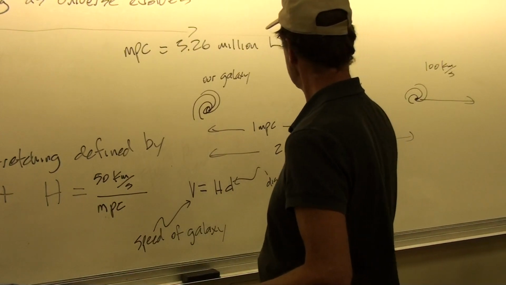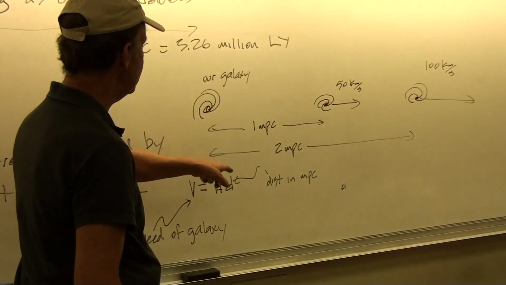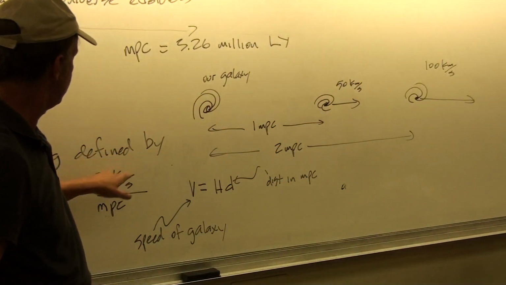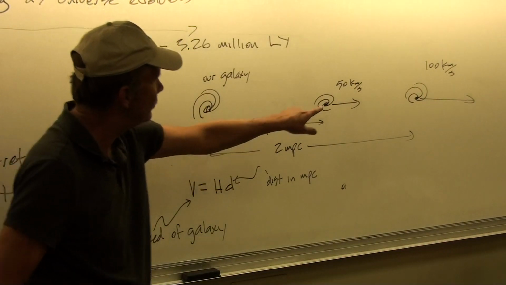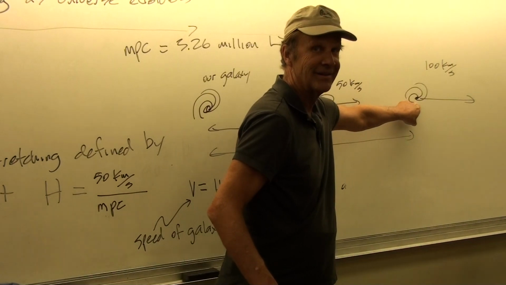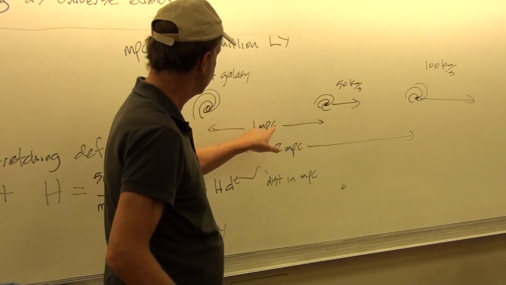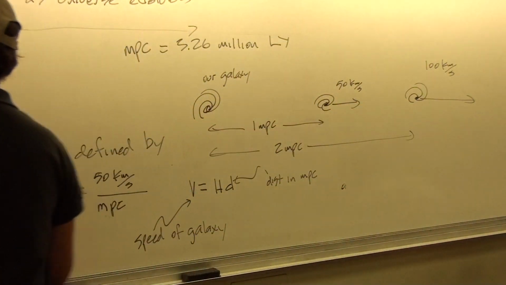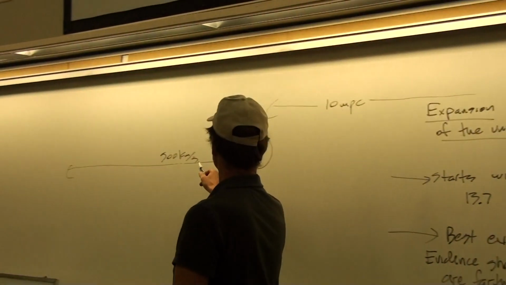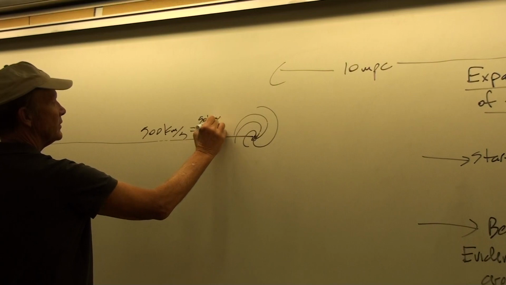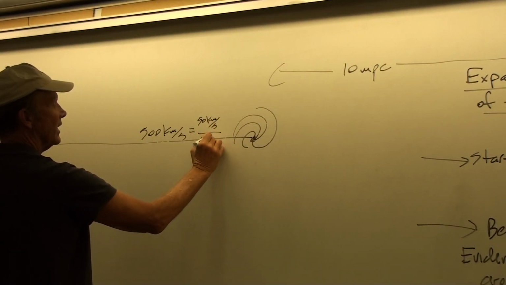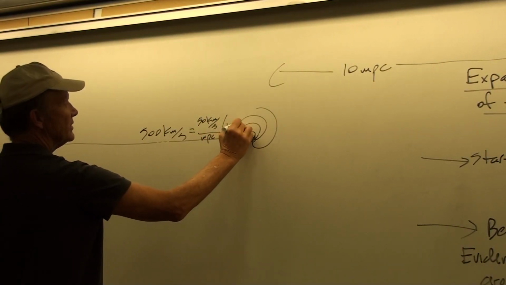Okay, so you can just plug in those numbers and you can see that 2 times 50, if I gave you 50 for the Hubble constant, will be 100. And so that's what we've got here. Or 1 times 50 would be 50. 10 times 50, here this would be 50 kilometers per second per megaparsec times 10 megaparsecs.